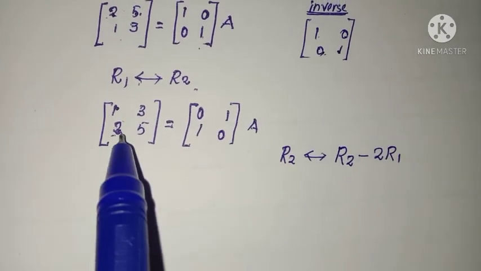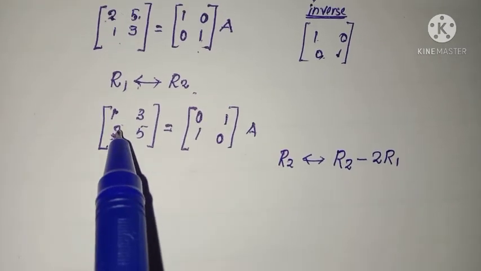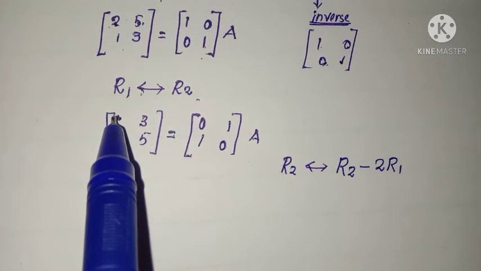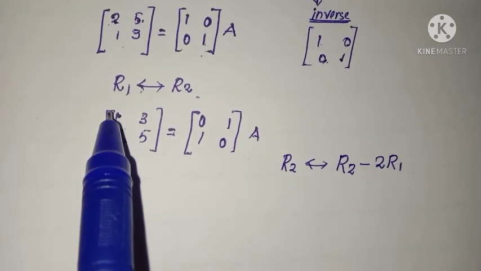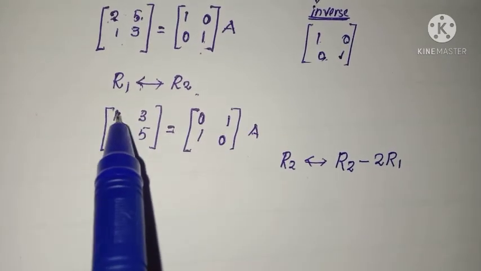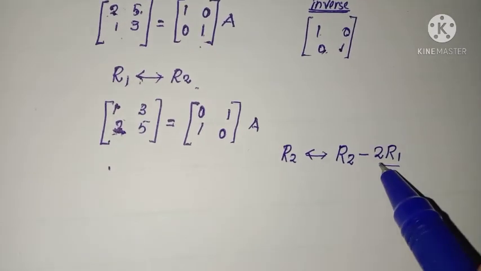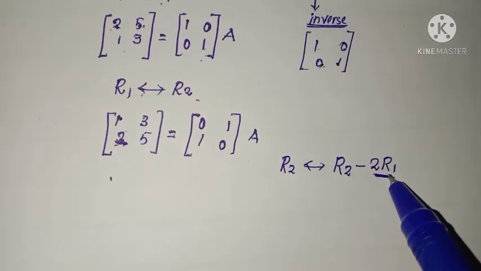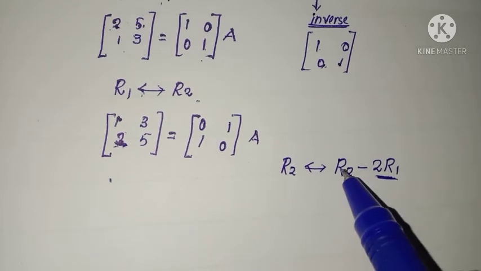That is, instead of this 2, we need 0. So firstly, I multiply the first row by 2. Then we subtract it from R2.